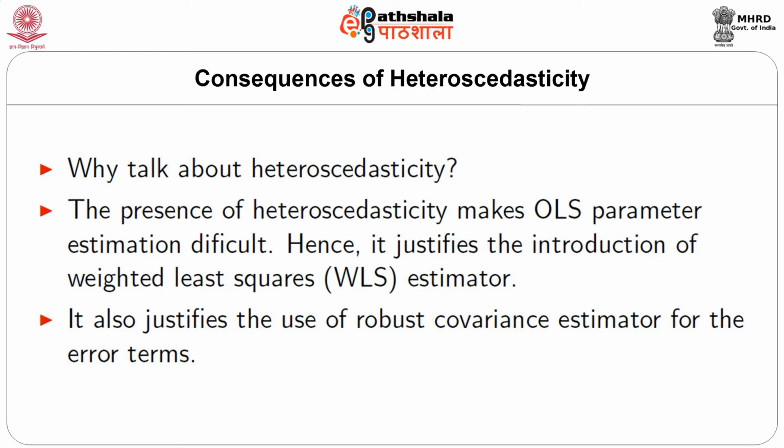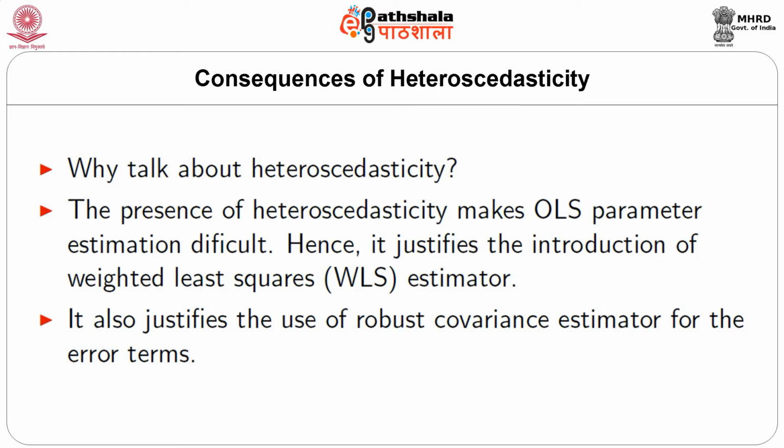Some of the concepts that we come across which are motivated by heteroscedasticity are as follows. It justifies the introduction of weighted least square estimators, and the weighted least square estimator is just one step away from the use of the generalized least square estimator of the parameters. The presence of heteroscedasticity also justifies the use of robust covariance estimators.